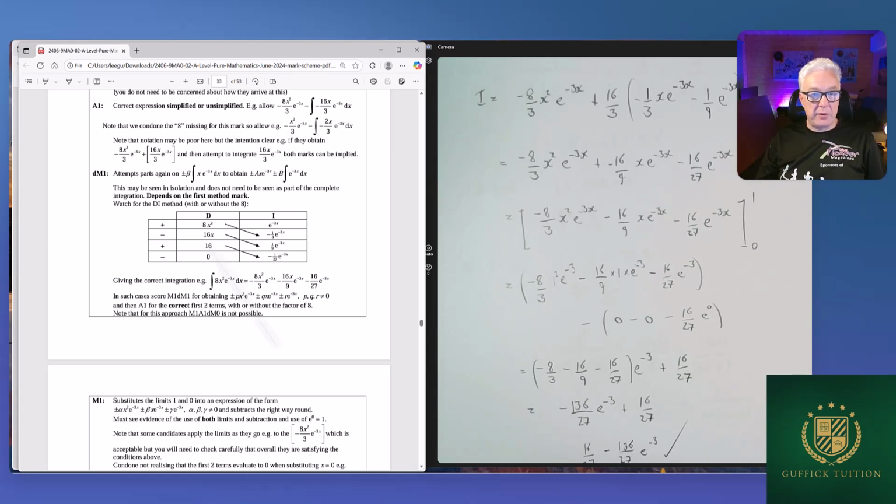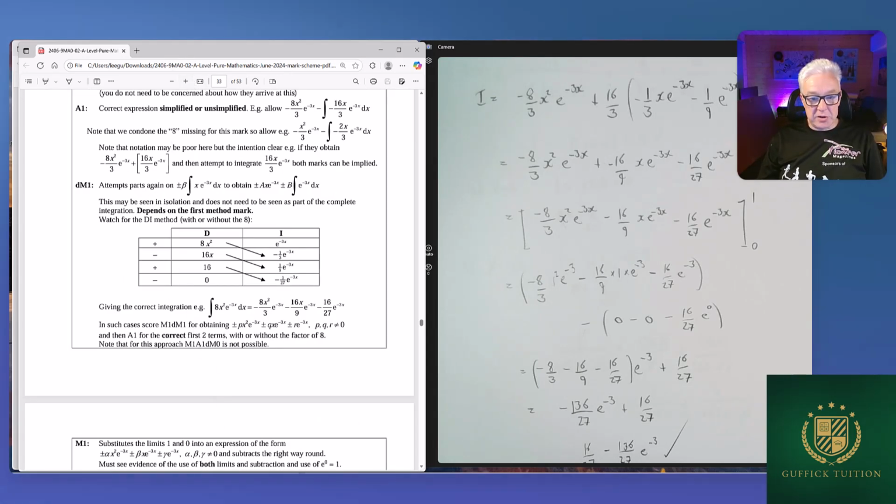So a massive shout out to BlackPenRedPen, and he's got an extremely engaging series of videos where he talks you through what this method for integration by parts is. And it's called the DI method, or some kind of a tabular method. I think BlackPenRedPen calls it his very easy DI method, but it's a great fun video to watch.